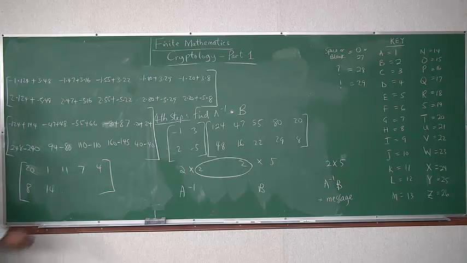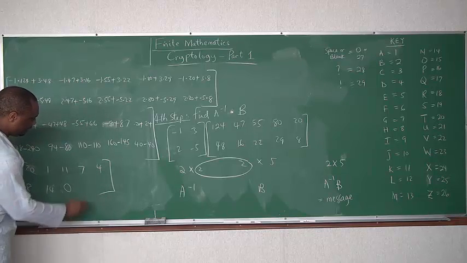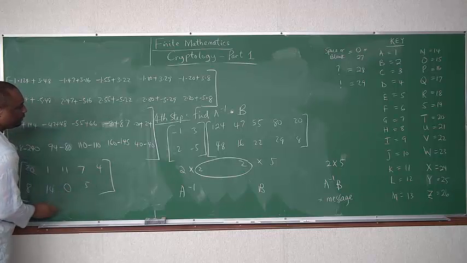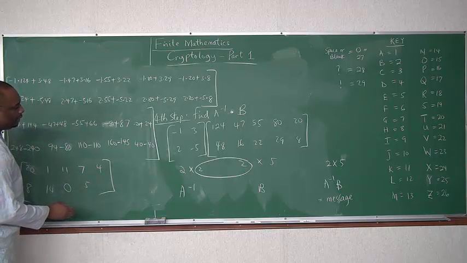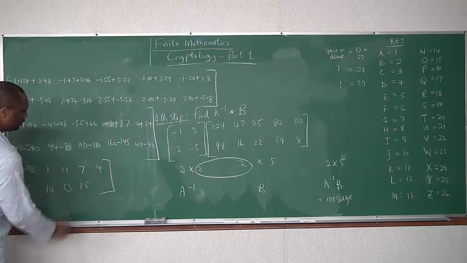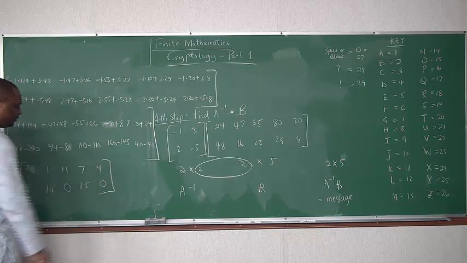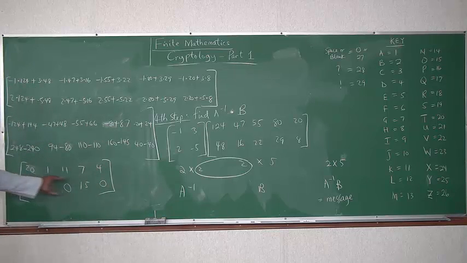Right? This is 0. 110 minus 110 is 0. 160 minus 145 is 15. 5 minus 4 is 1. And 40 minus 40 is what? 0. Alright, so this is actually the message here.